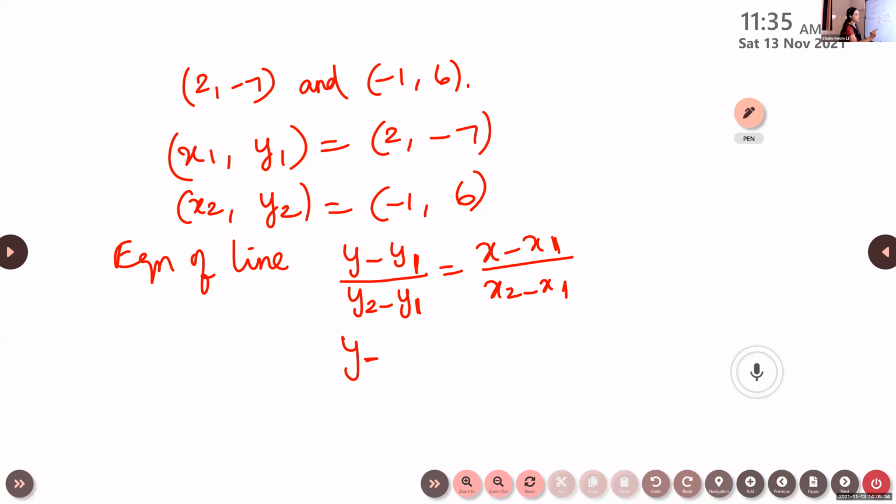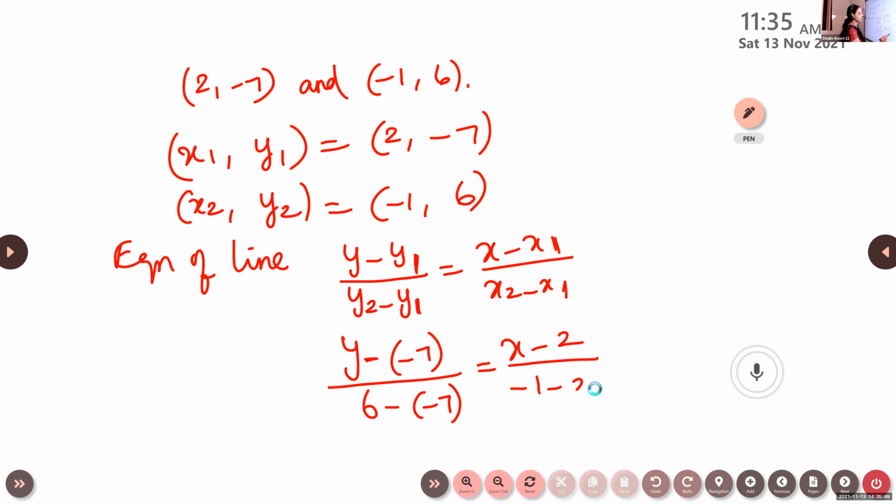Y minus y1 is negative 7 by y2, 6 minus minus 7 equal to x minus x1, what is x1? 2 by x2 minus minus 1 minus 2. Is it correct? Whether I have applied the value correctly? Check it.